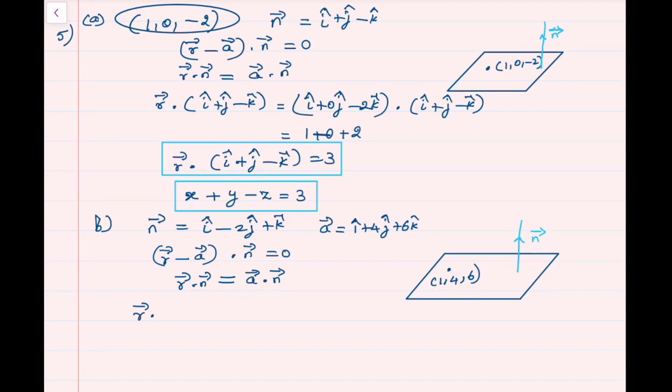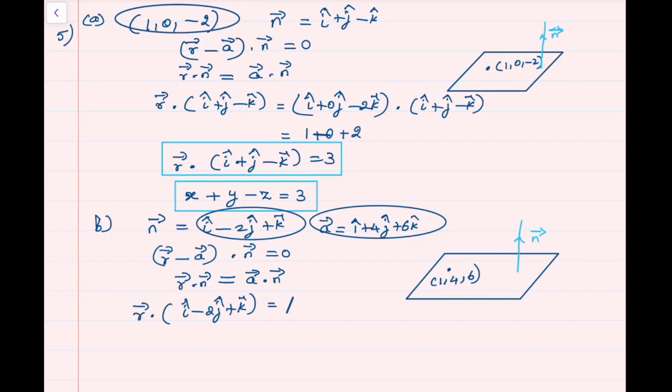Therefore, we get vector r dot n vector, which is i cap minus 2j cap plus k cap, equal to vector a dot vector n. We will do the dot product of these two vectors directly. 1 minus 8 plus 6, which is equal to minus 1.